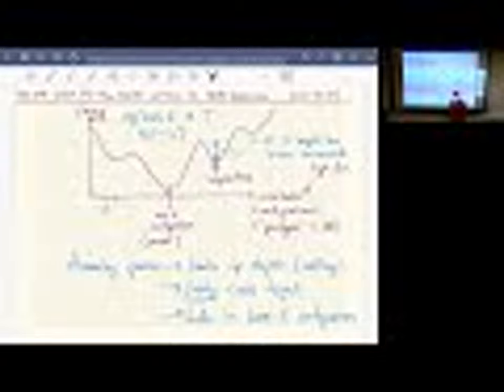So this down here is often written as Z, and it's called the partition function. And really all this is saying, because this is just a normalization, is that the probability of being in any particular state is proportional to the exponential of the energy of that state divided by kT.